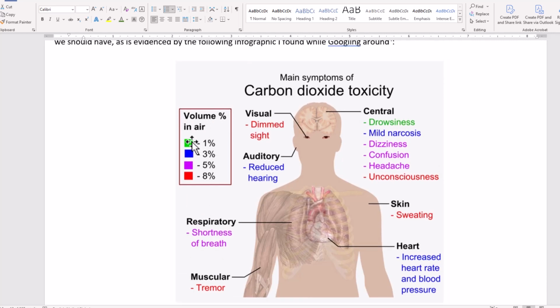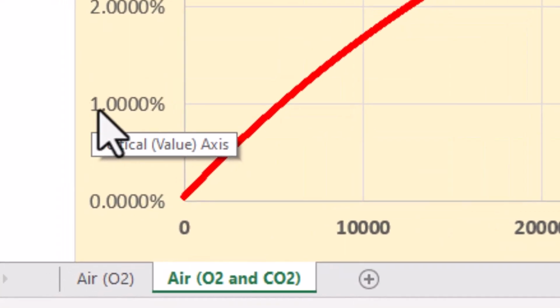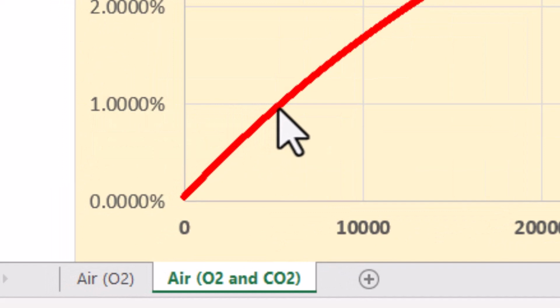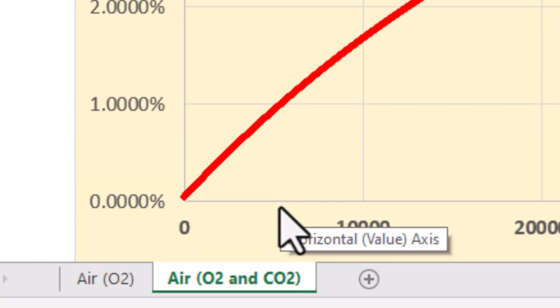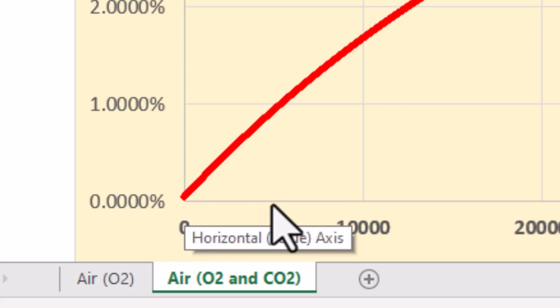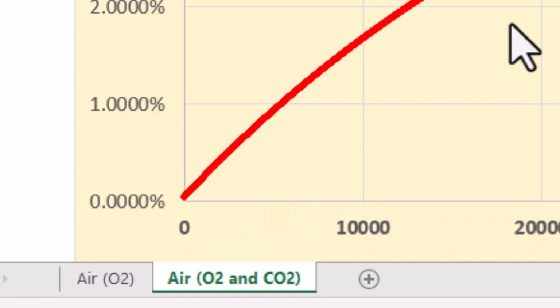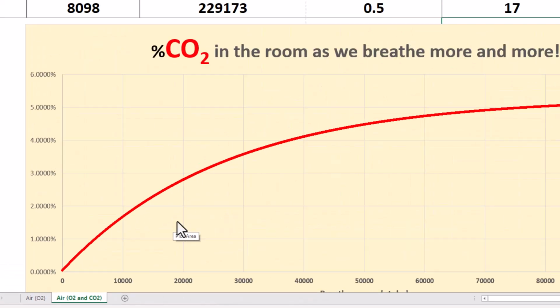Once 1% hits, we start feeling drowsy. Well, let's go back to the spreadsheet. 1% carbon dioxide happens right about there, which is about how many breaths? It looks about halfway between 0 and 10,000, yes? So that's 5,000. Drowsiness is going to happen after each of us takes 5,000 breaths.